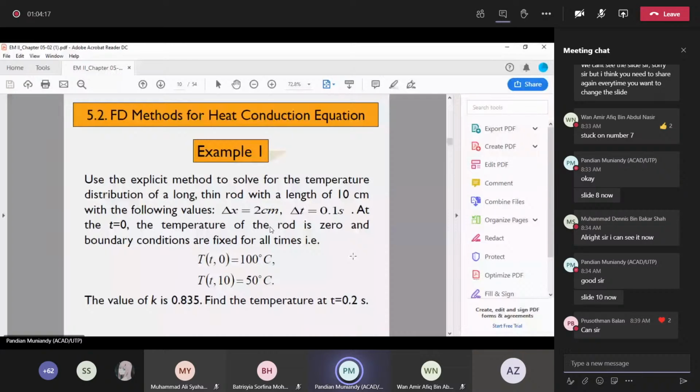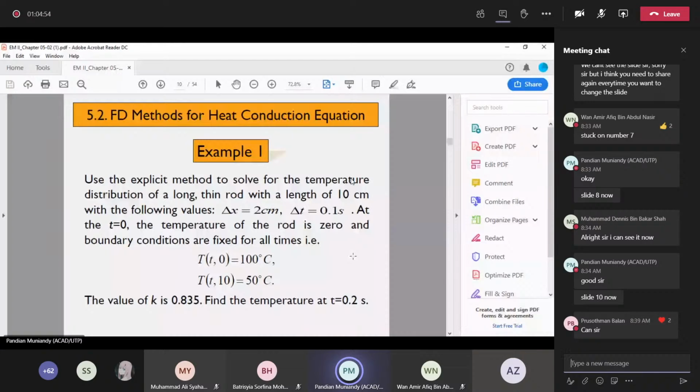So x0 is 0, x1 is 2, x2 is 4, x3 is 6, x4 is 8, x5 is 10. And the del t is the step size for the time. So from 0, then 0.1, after that 0.2, 0.3, 0.4, 0.5, and so on. So the del t is 0.1 second.